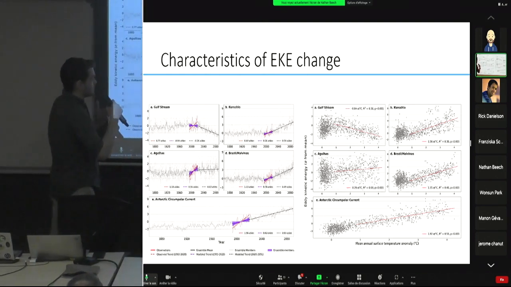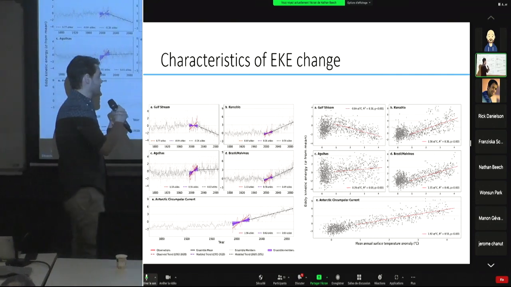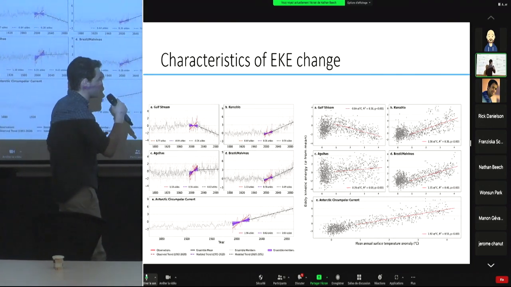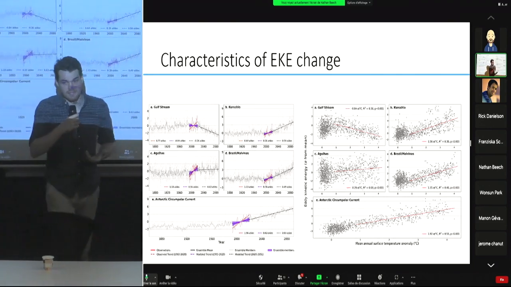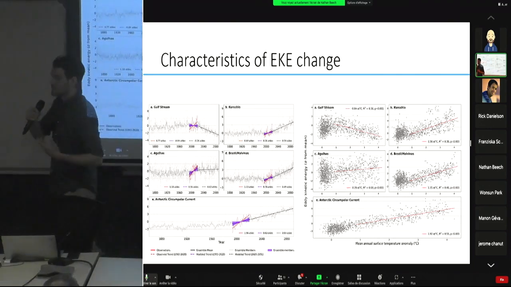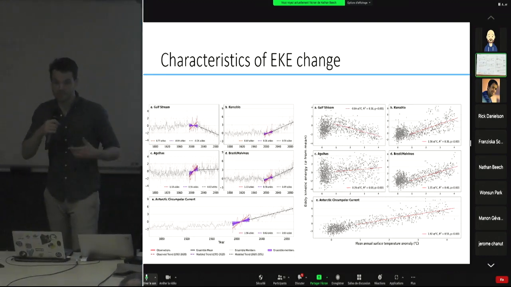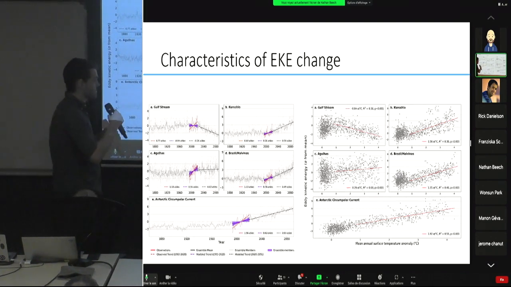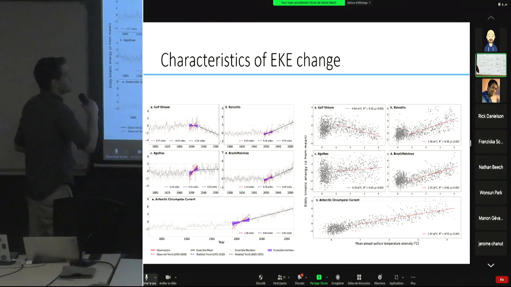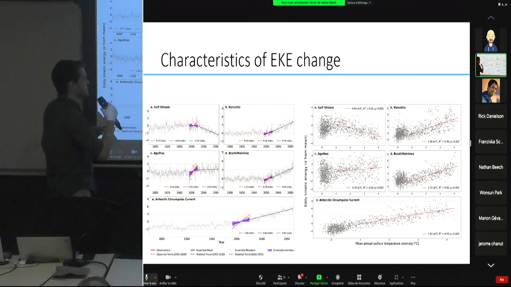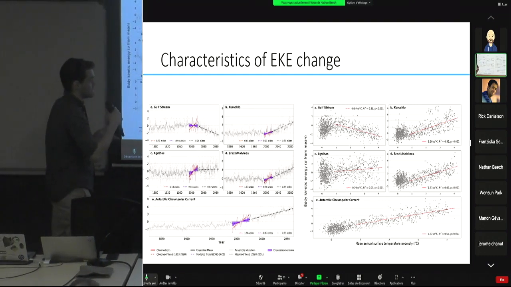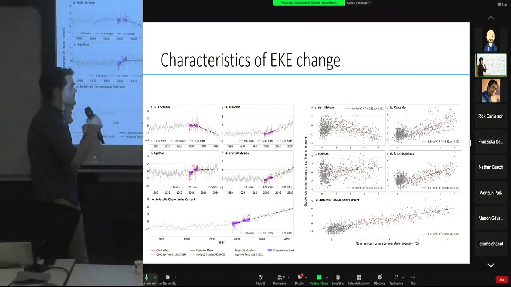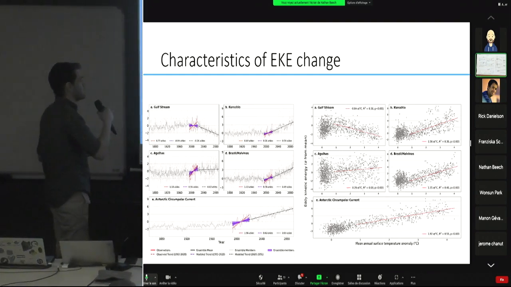But actually, I wanted to avoid linear trends altogether in doing this work and writing this paper, because we know that, for example, climate change does not necessarily occur linearly. Temperature rise does not necessarily occur linearly, and the same goes for carbon emissions. And yet there was still a demand for us to quantify the changes in eddy activity. And so what we ended up doing is this on the right here, where we express change in eddy activity in terms of temperature rise.